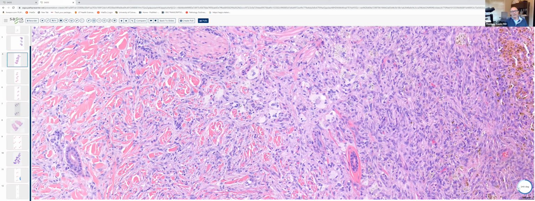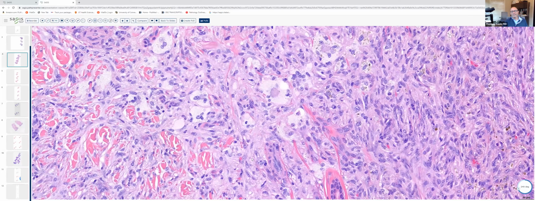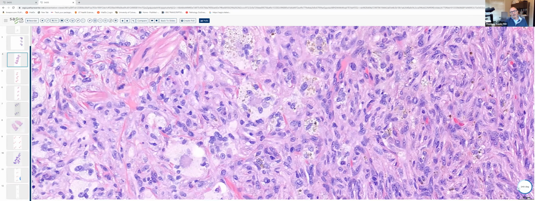In this same area, we can begin to see some lipophages. So we see these large histiocytes containing lipid. Some of them are multinucleated, and some of these are actually ringed siderophages. So we see large multinucleated histiocytes with a ring of nuclei, and they contain not only lipid vacuoles but hemosiderin.